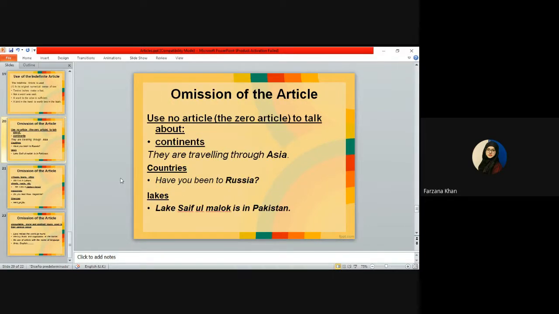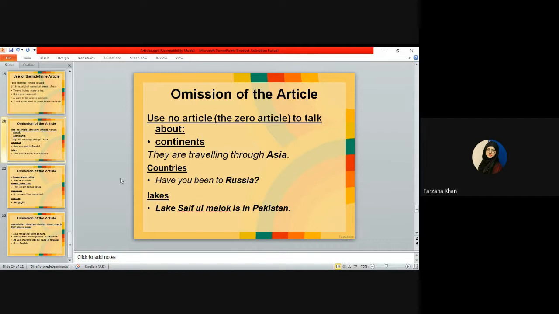Let's talk about the omission of the article. So in this class, you learned where to use the definite article and where to use the indefinite article. So what about the names of certain things or places where you need to avoid the use of articles? What usually happens is that people try to add an article, whether it's a or the.